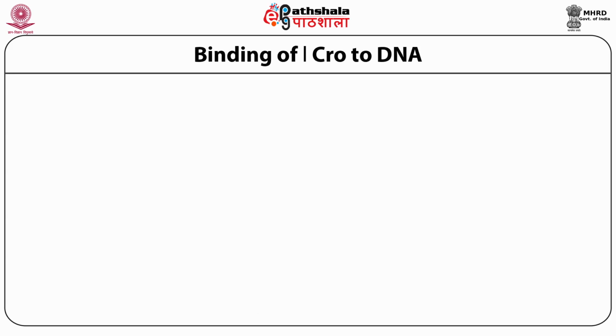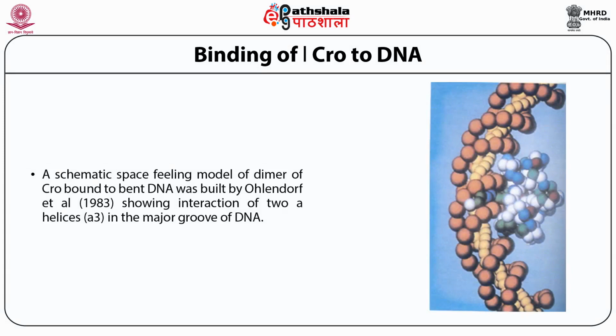Binding of lambda Cro with DNA. A schematic space-filling model of a dimer of Cro bound to bent DNA was built by Ollendorf, showing the interaction of two alpha helices in the major groove of DNA, which is shown in the picture on the left-hand side.